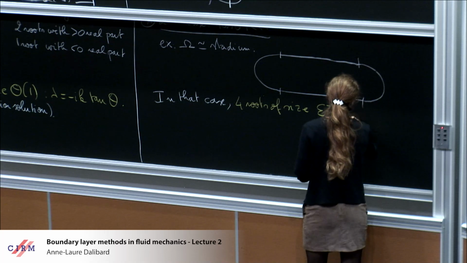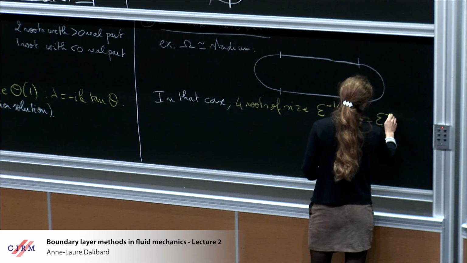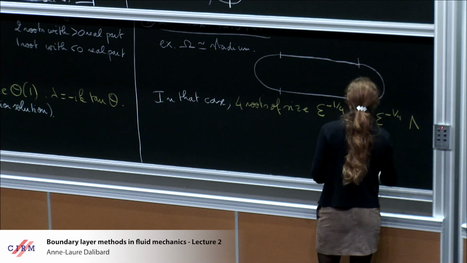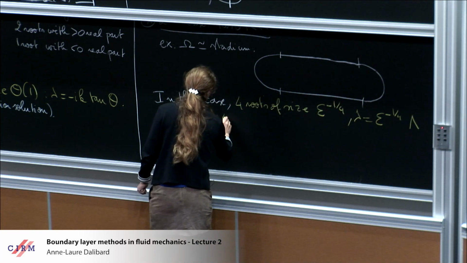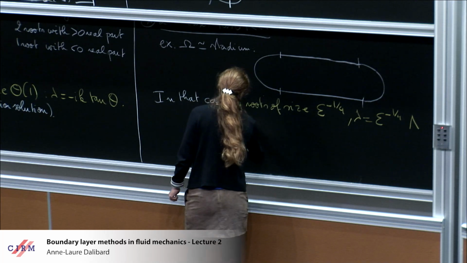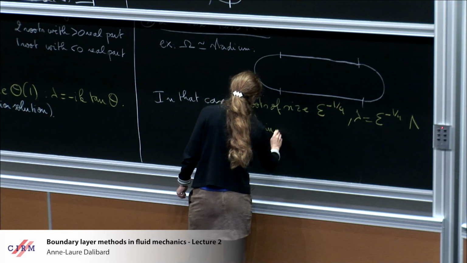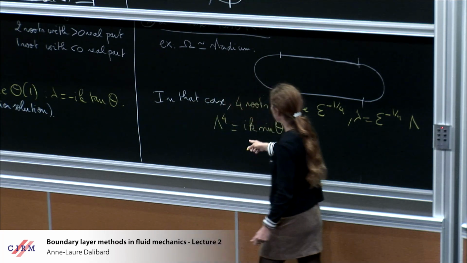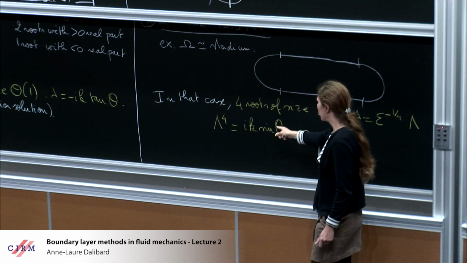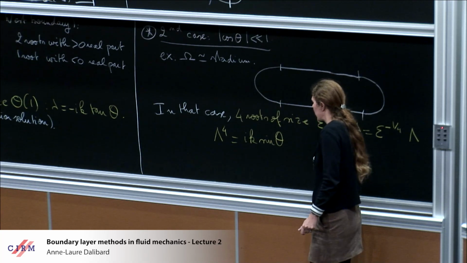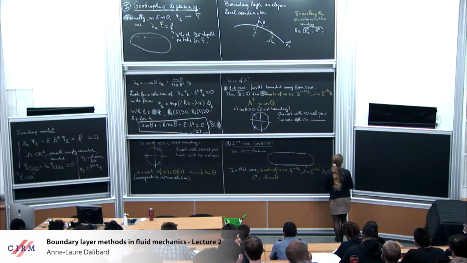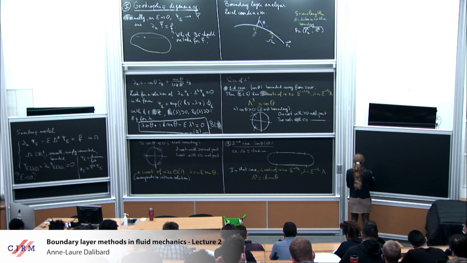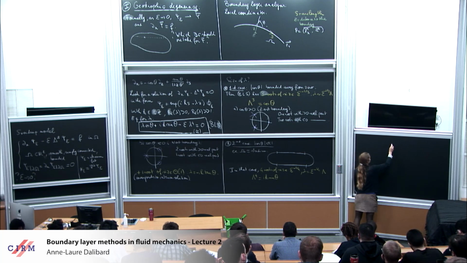So you have lambda, which is epsilon to the minus 1/4 times capital lambda, and lambda to the power 4 is equal to ik sine theta. Okay, and so then the exact picture will depend on the sign of this quantity.